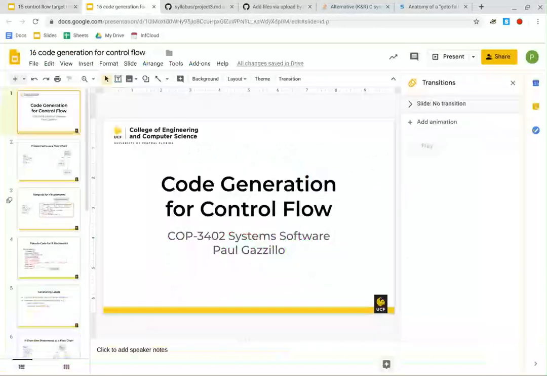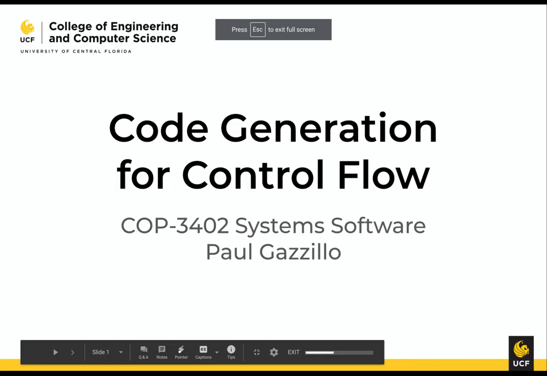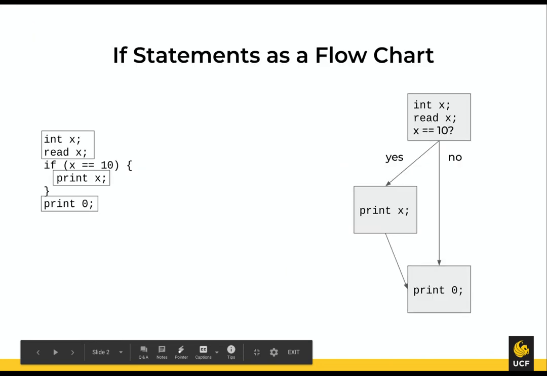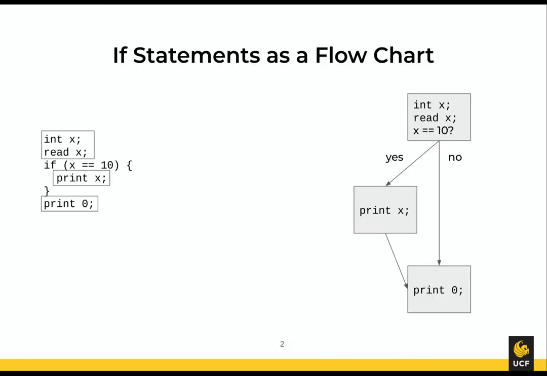So today, we're going to look at how we can actually generate code for our simple C constructs. All right, here's our if statement. And recall that we can represent these structured branching constructs using flowcharts.